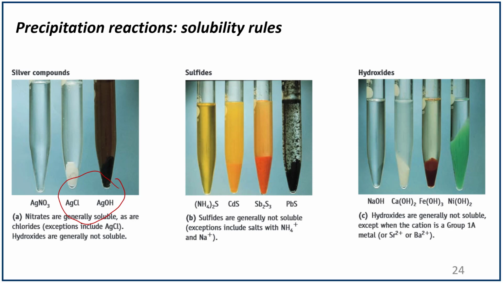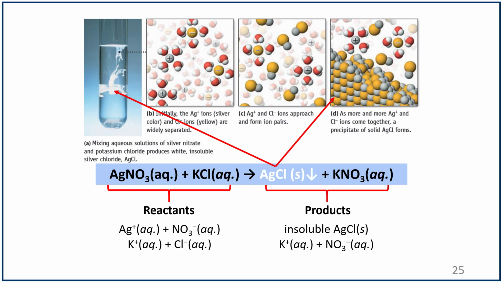But basically what happens at the molecular level can be explained by this cartoon, wherein initially you have silver nitrate and potassium chloride breaking up into ions in solution.